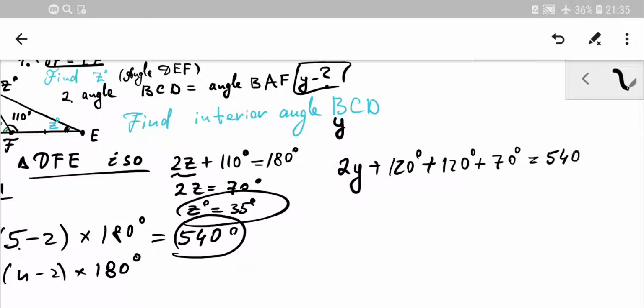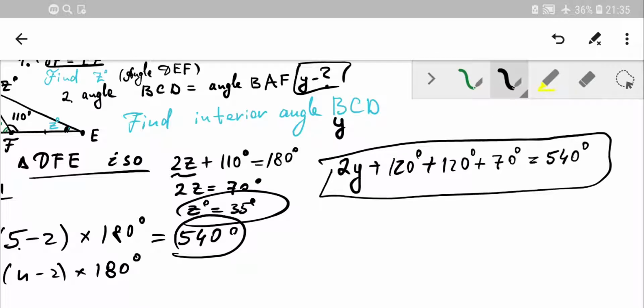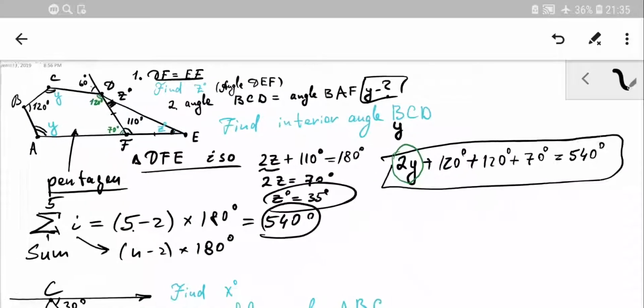Sorry, 540. From here we can solve, because the only variable is here, so we just solve it as a normal linear equation.